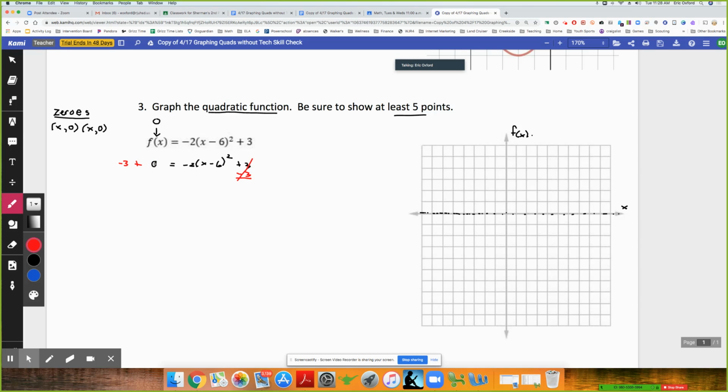Over here, I would put -3 plus 0, and that gives me a little bit simpler situation. So now I'm going to have -2 times (x minus 6) squared, and then -3 plus 0. That's -3.